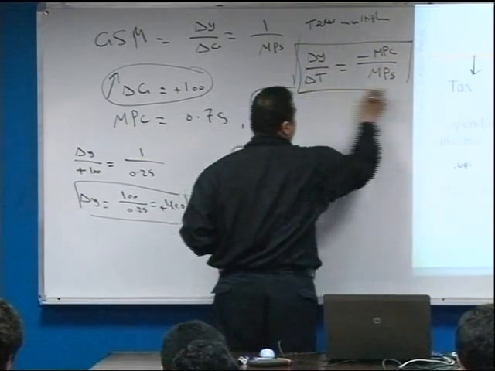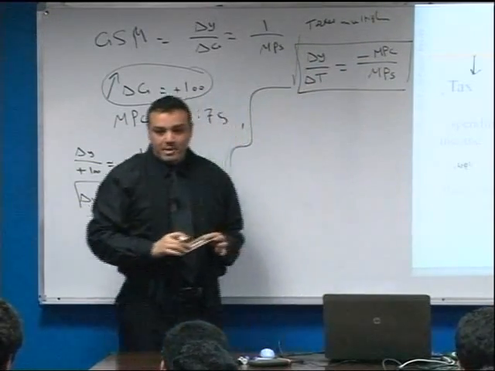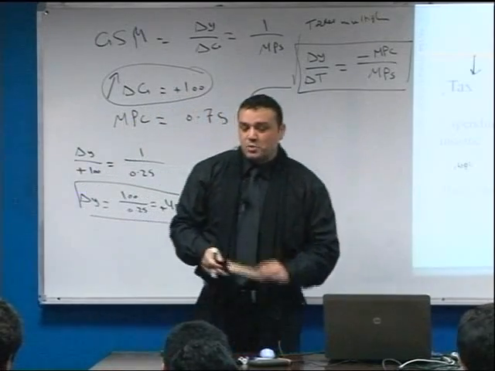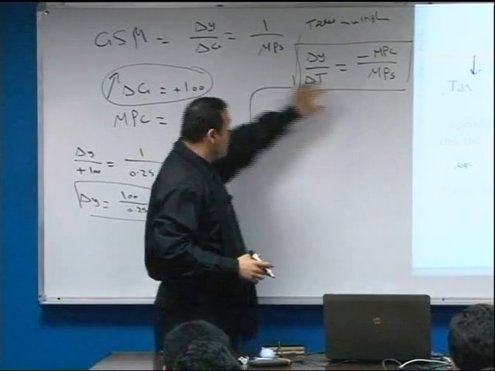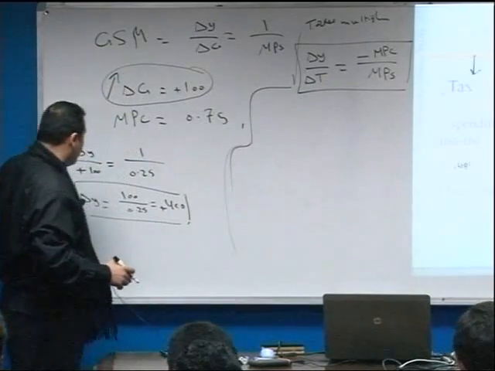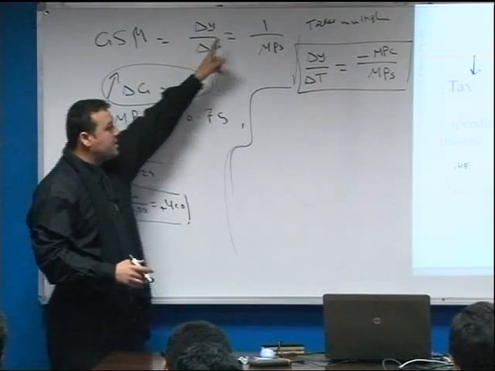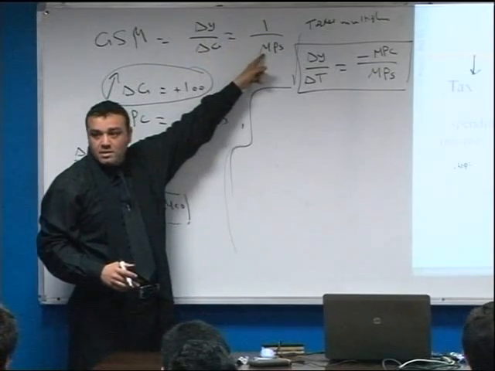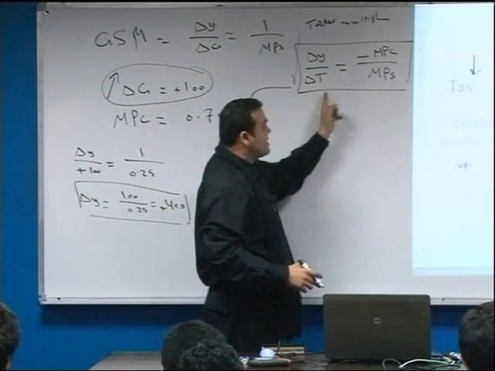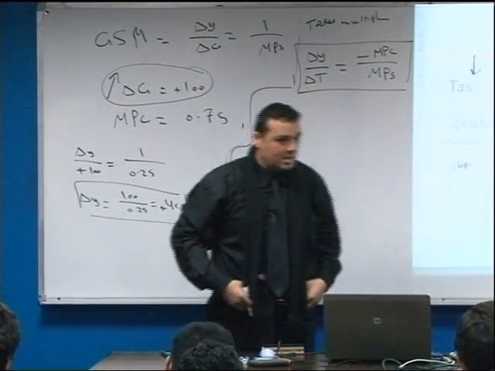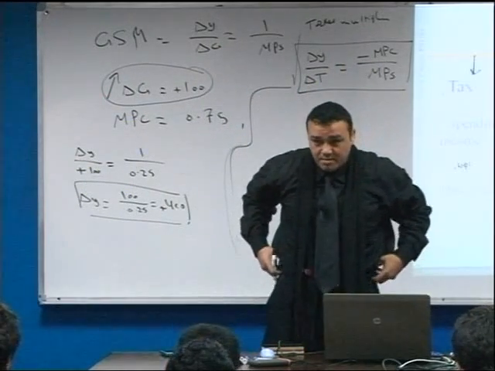This is the formula of the tax multiplier. So let's do a comparison between the government spending multiplier and the tax multiplier. The government spending multiplier is delta Y over delta G equals 1 over MPS. The tax multiplier is delta Y over delta T equals minus MPC over MPS, right?